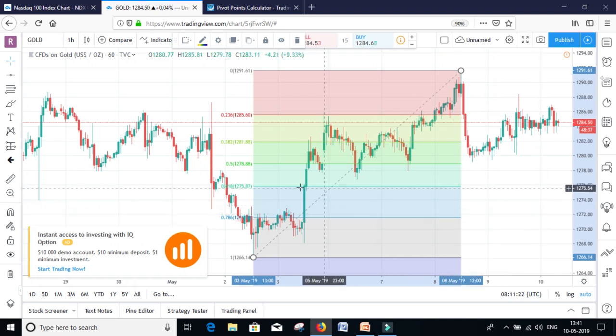Right now the price is taking support between the 50% and 61.8% lines, so this level is considered to be an important support level. So 1275, 1278 and 1281 become your major support lines.